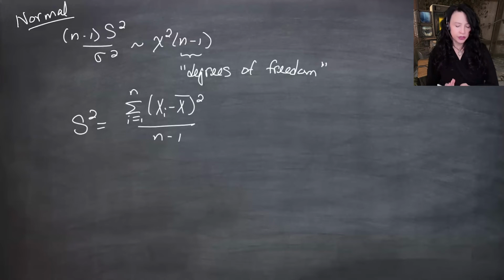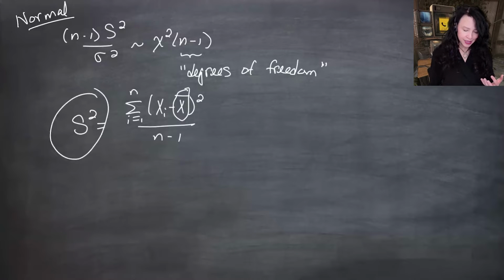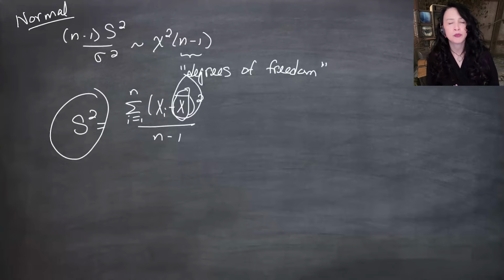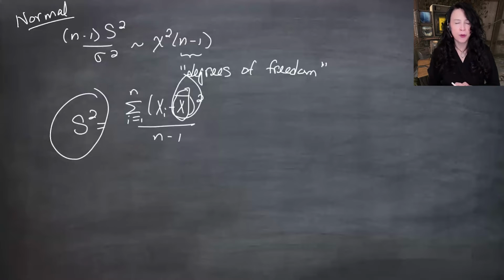In order to estimate this, you need to first estimate the mean. You need to compute x bar. And then you can use x bar and run through this formula. Once that's done, when you have an x bar, you can actually vary your data and keep the variance the same.